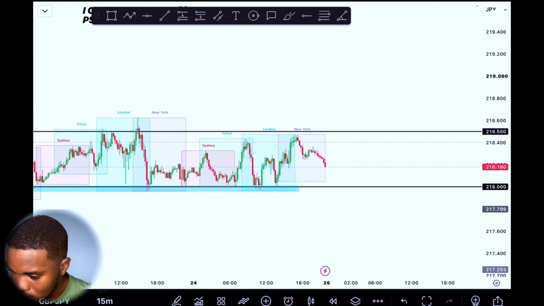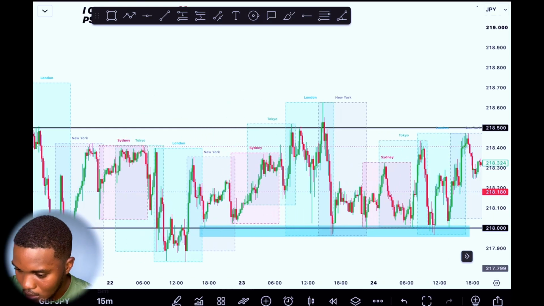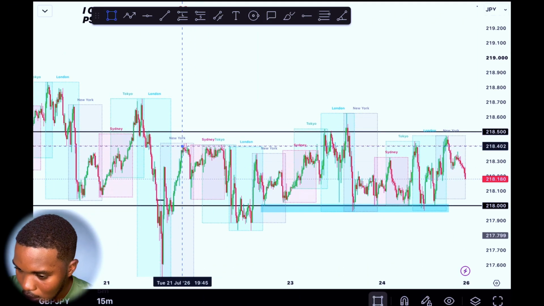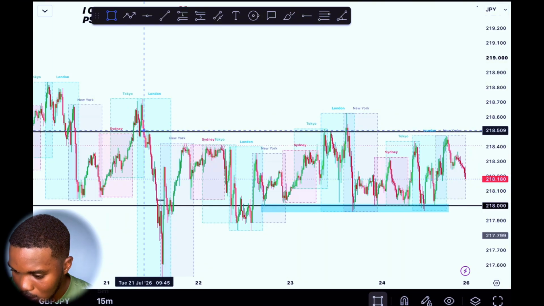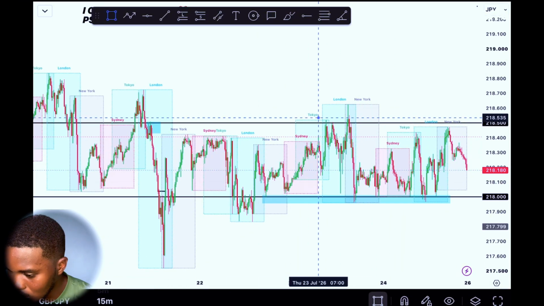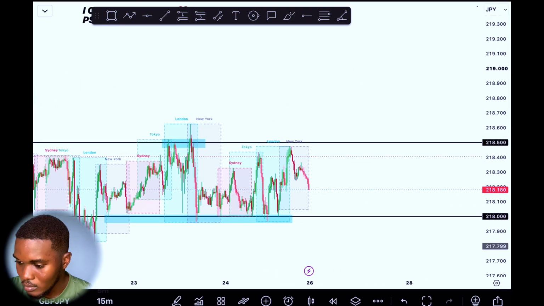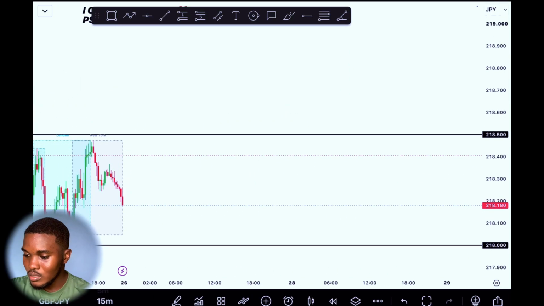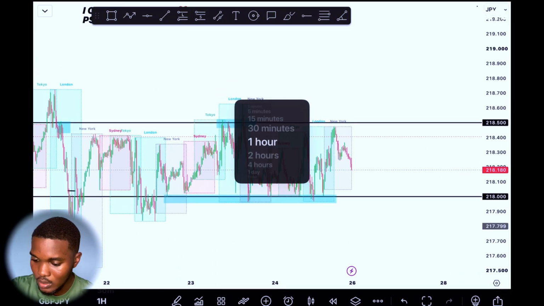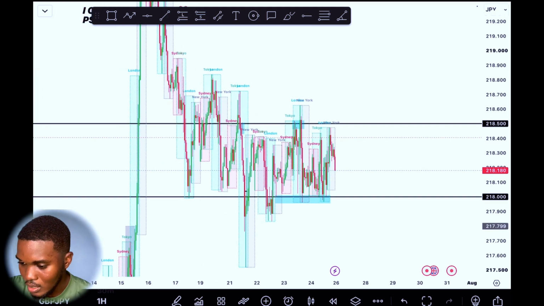Now let's go back in time. You can see how price reacted to this level here, and then look at these two zones also here. So these levels, they are very important. Traders pay keen attention to these levels. Let me go to the 1 hour time frame so we can perceive it very well.